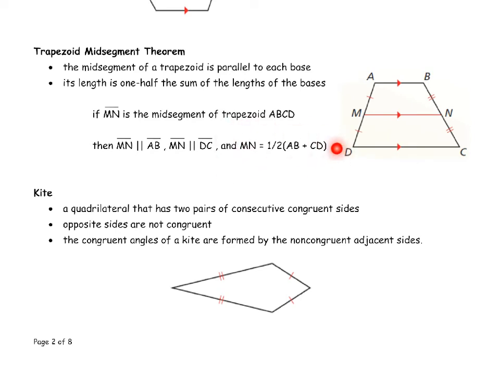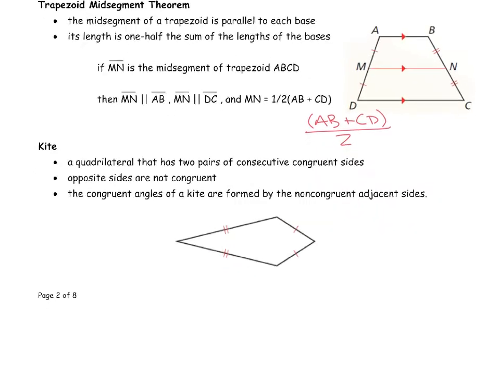It is 1/2 of the top base plus the bottom base, which will equal your midsegment. Or you can write it another way: AB plus CD, and then just divide by 2, if you don't like multiplying by 1/2.